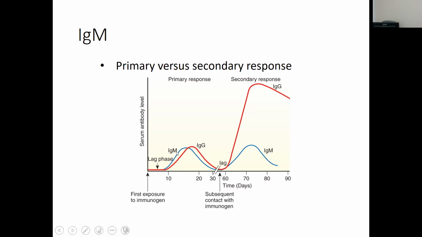But what you're wanting is this second exposure. When you really get the flu, when the flu patient sits in this room and sneezes, and you catch it, okay, and then you go home and you say, well, I didn't feel too good today. Well, that might be the only day you feel bad for flu, okay? But if you don't have the flu vaccine and you get exposed to that person that sneezed in the room, this lag phase is going on for 10 days, you're getting sick, okay?